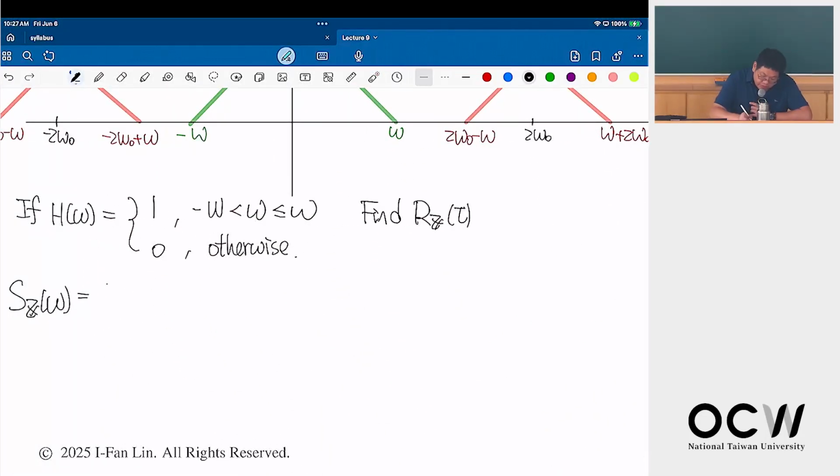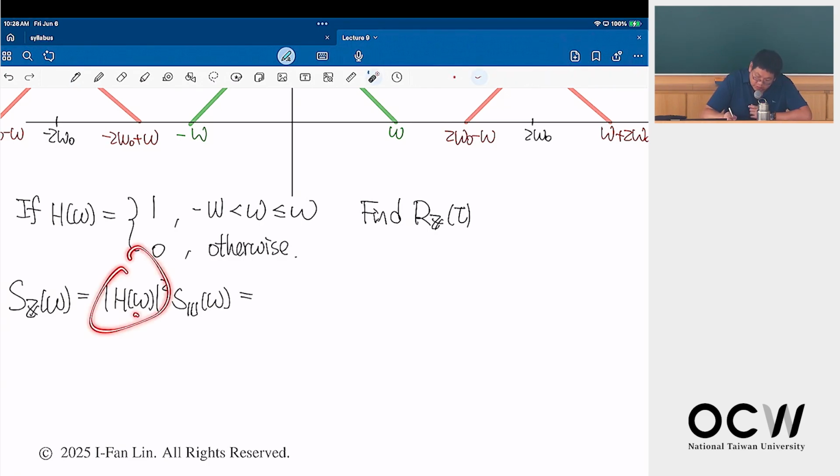So here you have this square and then power spectrum of u. Also, this term is either 1 or 0. So I will get either power spectrum of u or 0.